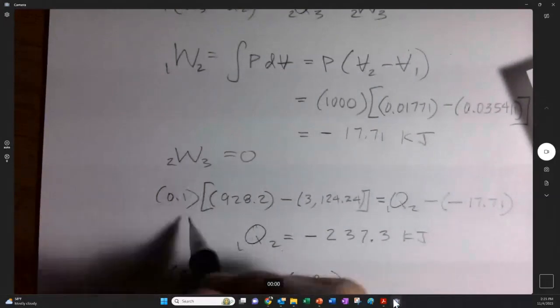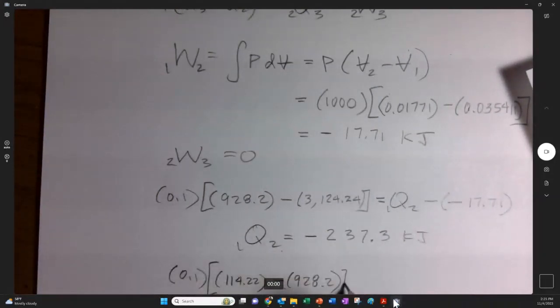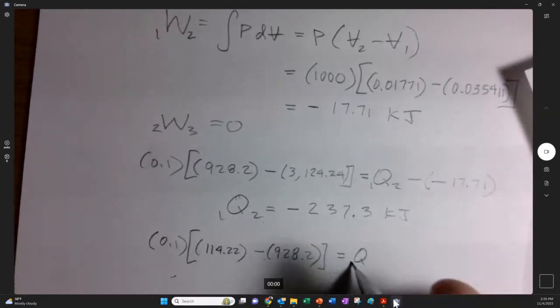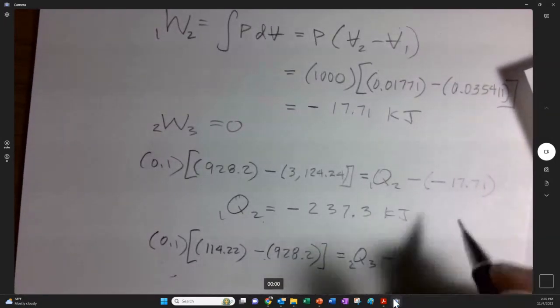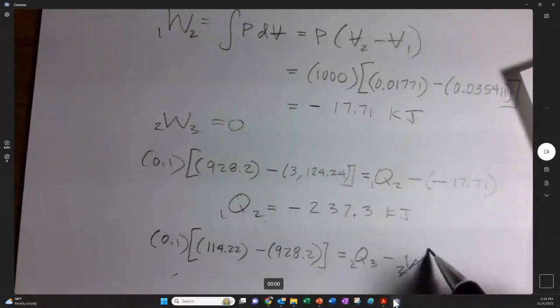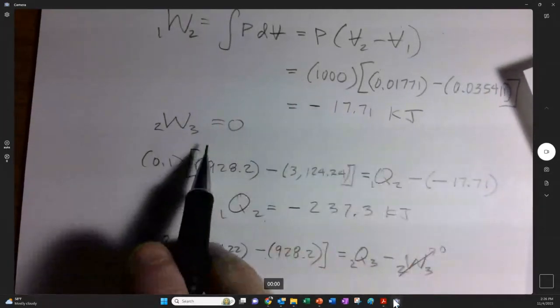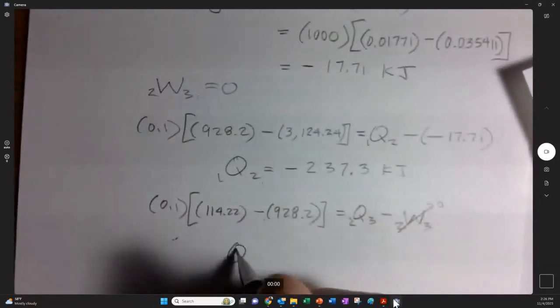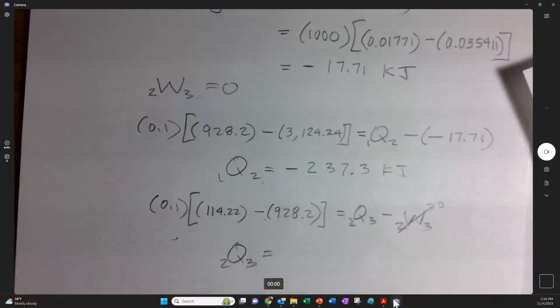So you can see we could actually have done this in one step. I was merely breaking it down because that's how my brain works. For 2 to 3, we already established that the work was going to be 0 because there was no volume change.